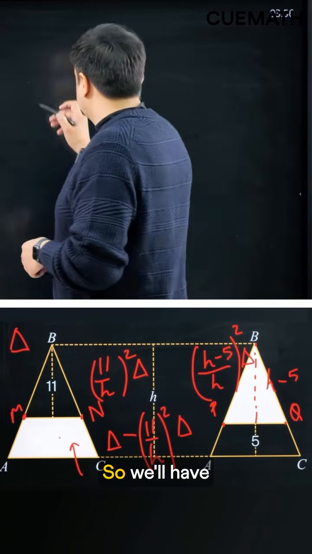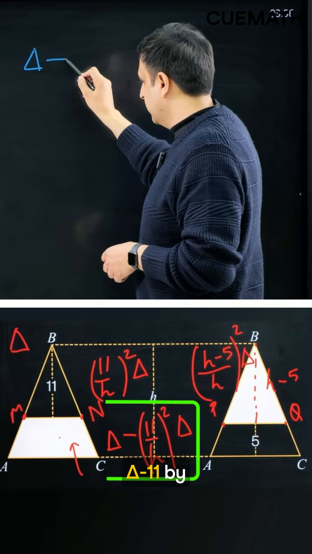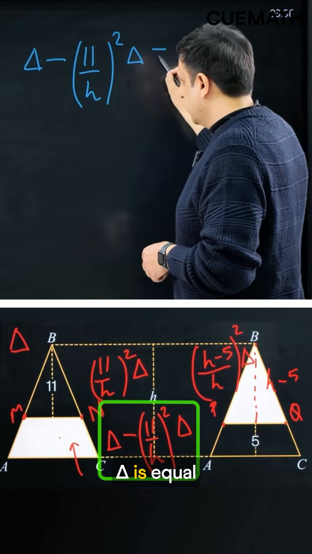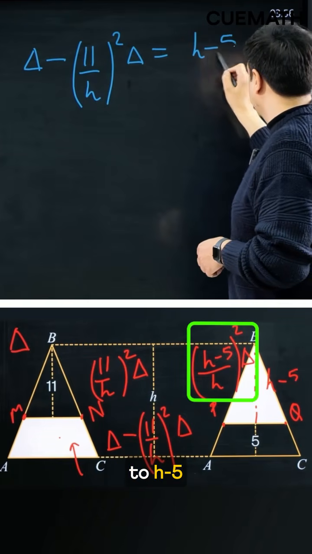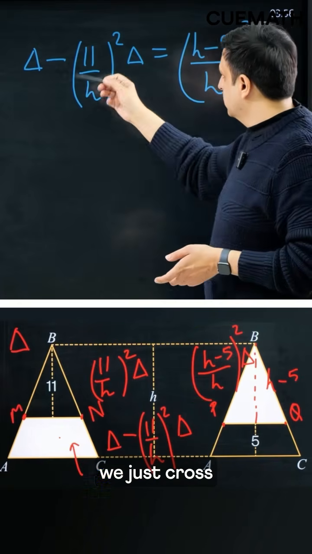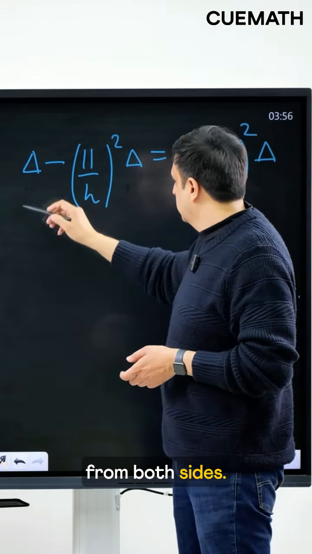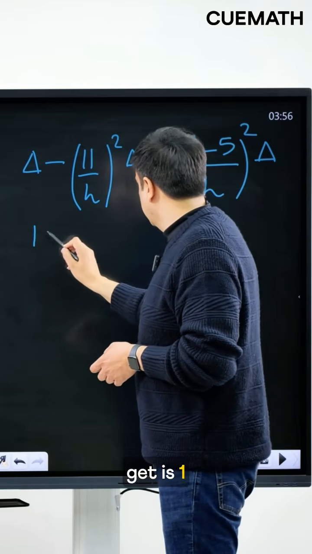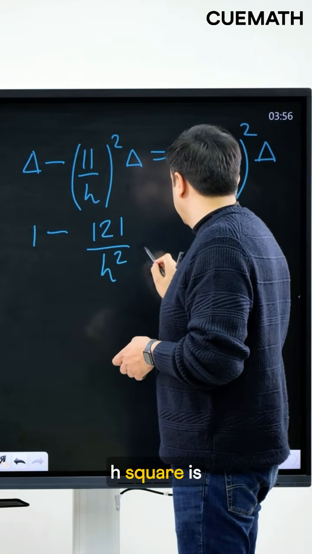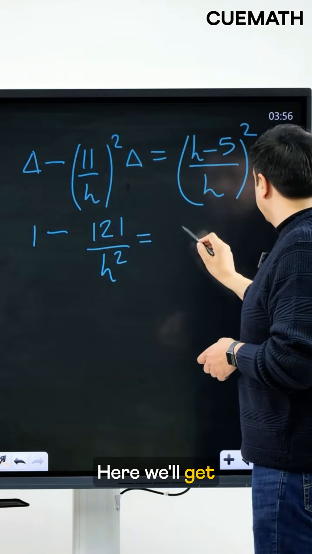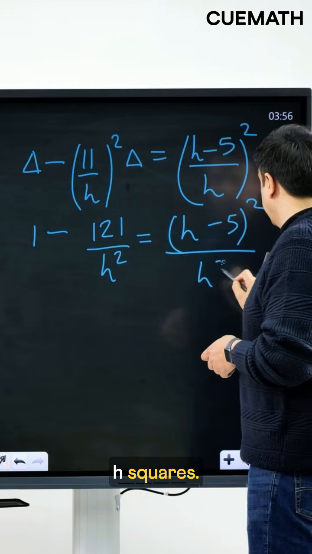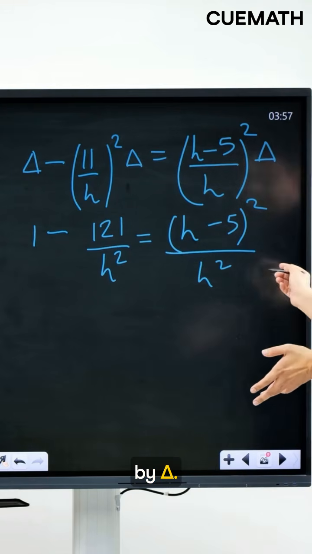So let's do that. So we'll have delta minus (11 by h) whole square delta is equal to (h minus 5 by h) whole square delta. So you can quickly see that we just cross out the deltas from both sides. So what we'll get is 1 minus 11 square, which is 121, by h square is equal to (h minus 5) whole square by h square, and I've divided on both sides by delta.